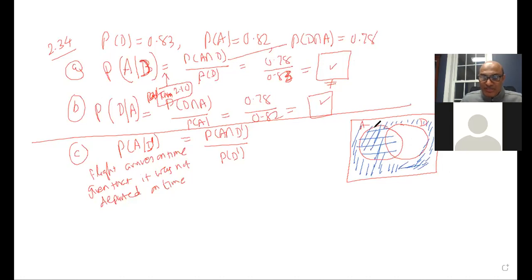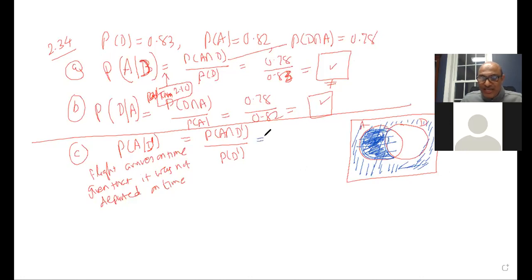So you can see over here, what is my common portion? This one, and this one. This is my common portion. How can I write my common portion? That means by A intersection D complement.